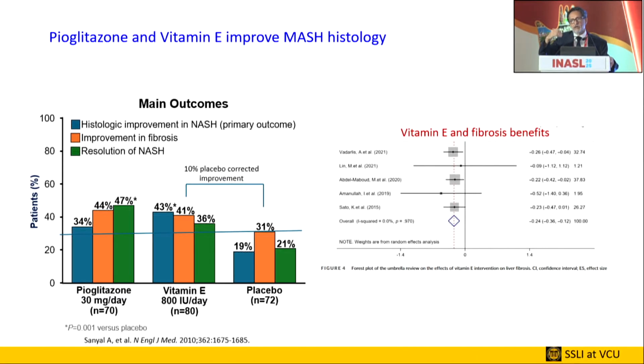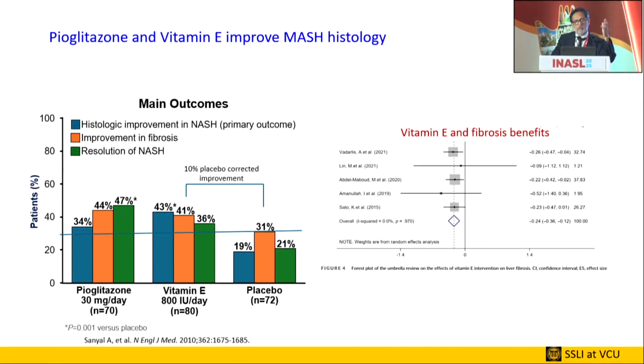So in these early studies, like the PIVENS trial, where there were only 70 patients in each arm, it was underpowered to pick up a small 10% placebo-corrected difference in fibrosis. But the actual trend line, if you see that blue horizontal line, there is a 10% placebo-corrected fibrosis benefit. And of course, meta-analyses also show that there is fibrosis benefit.